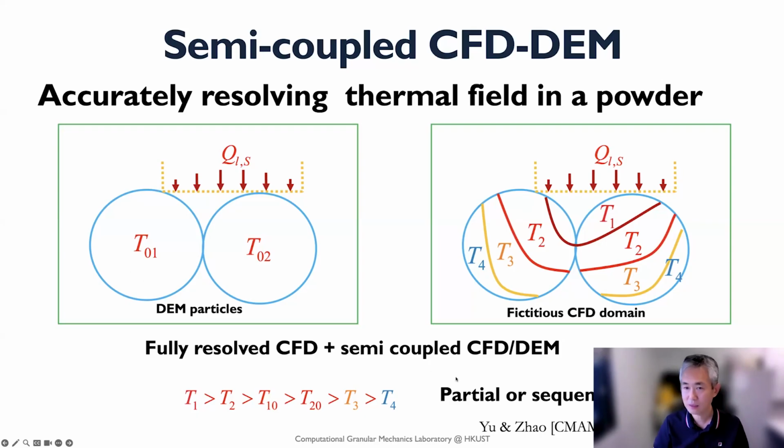In this way, we do this switching between DEM and CFD to resolve the temperature field within a single particle more accurately. This is what we call semi-coupled CFD-DEM, and it helps us to resolve this partial or sequential melting process.